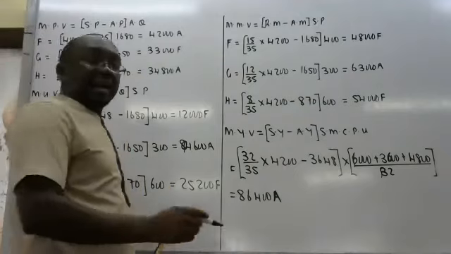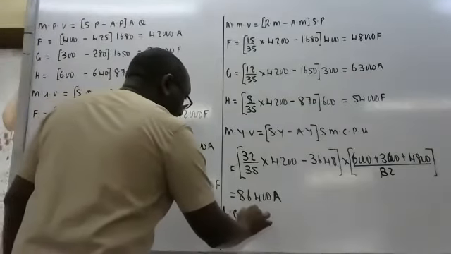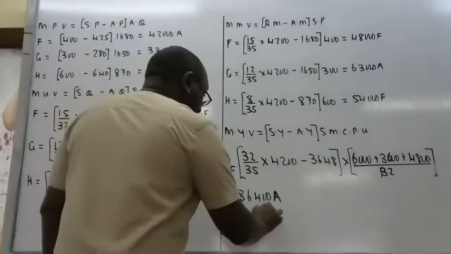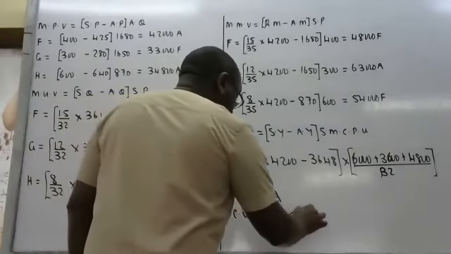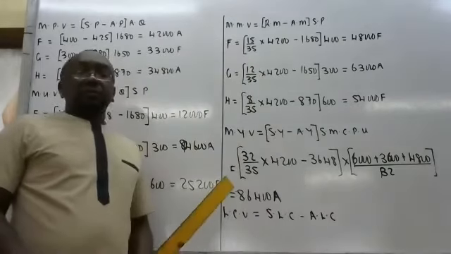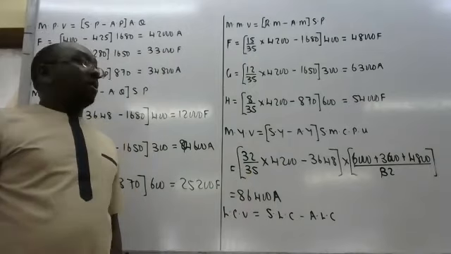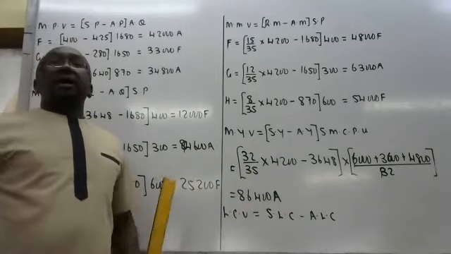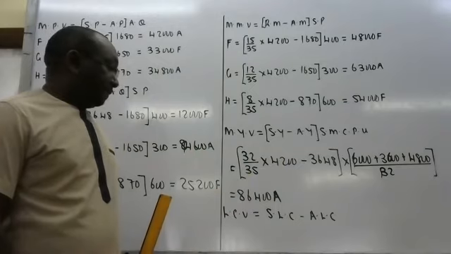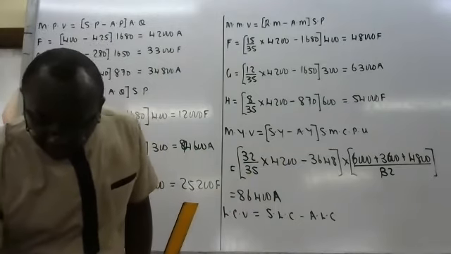Finally, labor cost variance. Labor cost variance, this must be the total labor cost. So this one we say it is the standard labor cost minus actual labor cost. Sasa, the standard will be like this. Utaenda hapo juu kwa standard.